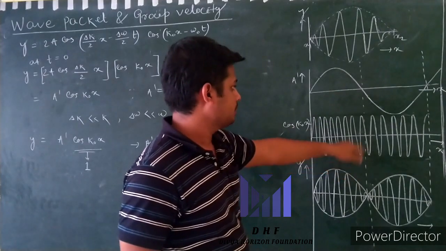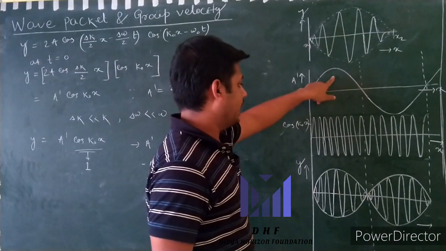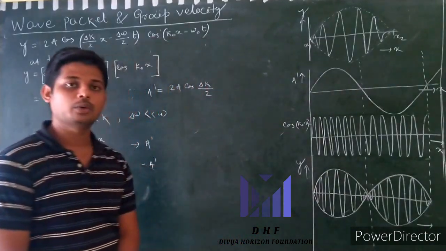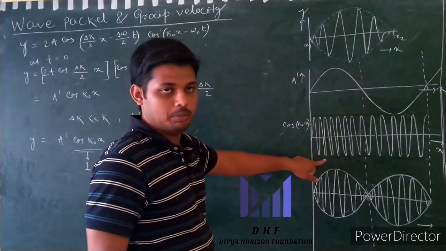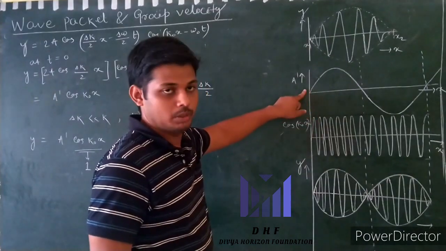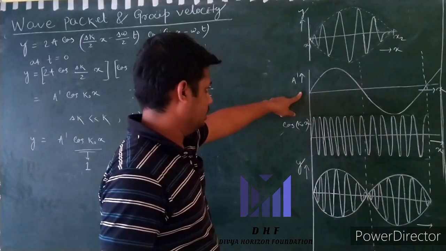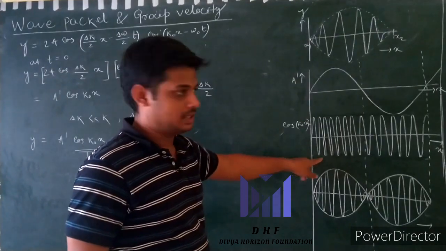So we can say that this waveform given by a dash is guiding the second waveform. We are saying that waveform 1, that is a dash, is guiding the second waveform. How can we say it?